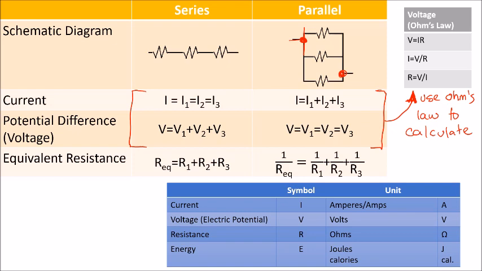The equivalent resistance, how we calculate the equivalent resistance changes depending on whether we're in series or in parallel. In series, we just add up the resistances of each resistor. In parallel, we have to add the inverses, and then as our final step, we have to take the inverse again.